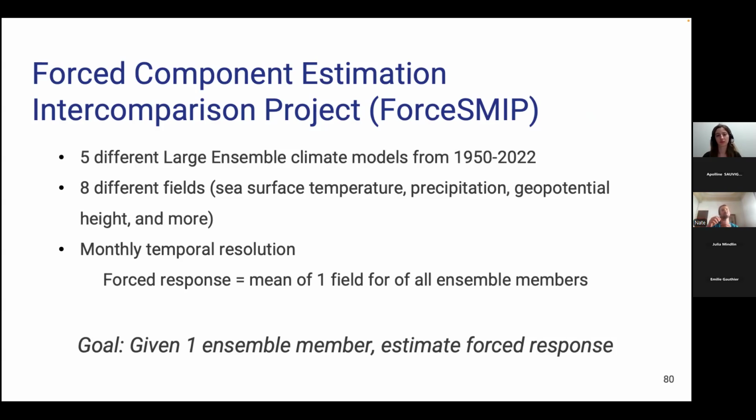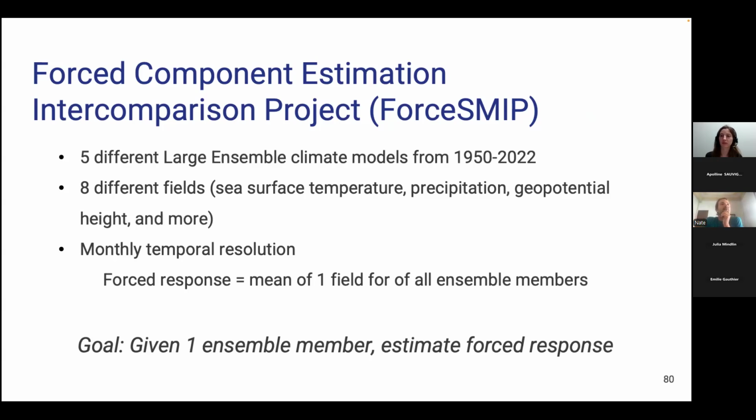For each one of these models, you'll have different members of the model, which are essentially different simulations where this model has been run with a different initial condition. And these things change over time.